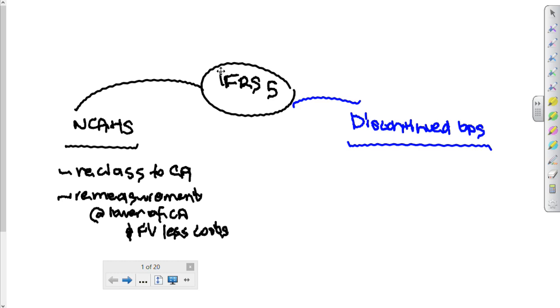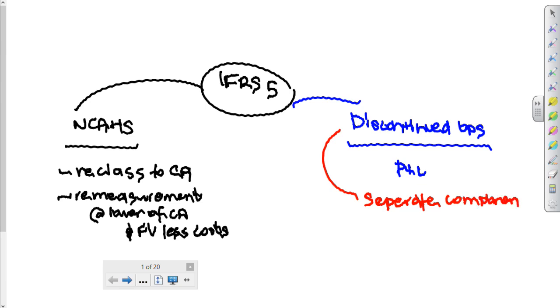Discontinued operations. And discontinued operations deals with, or is a statement that talks about the P&L aspect of when I have a discontinued operation. And it first of all defines a discontinued operation, and it says that it must be a separate component of the company.